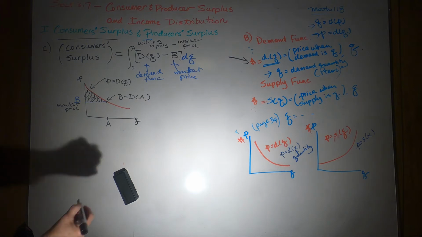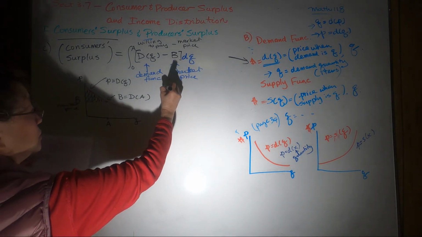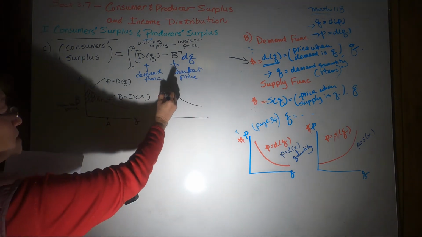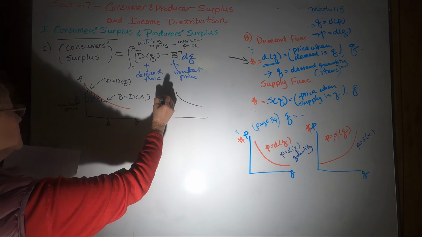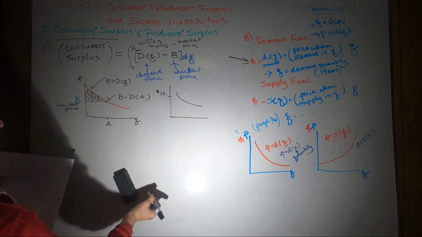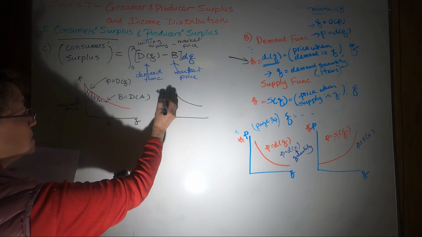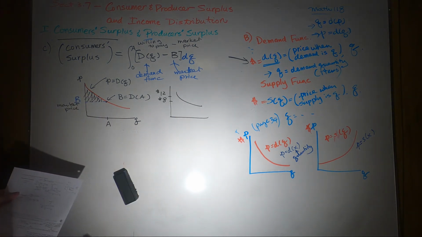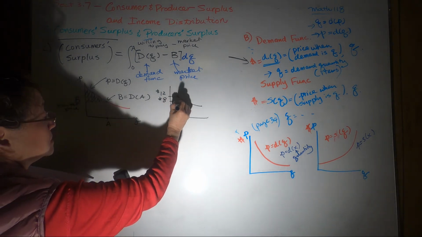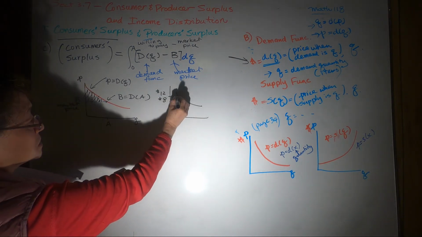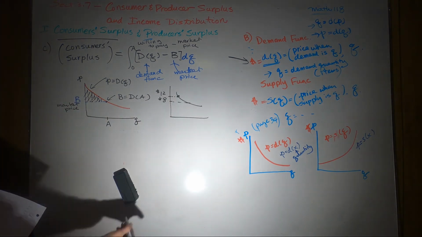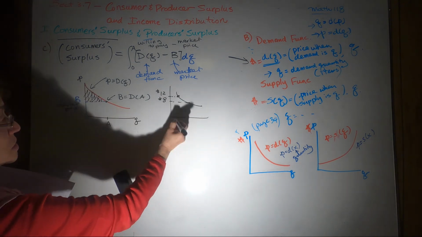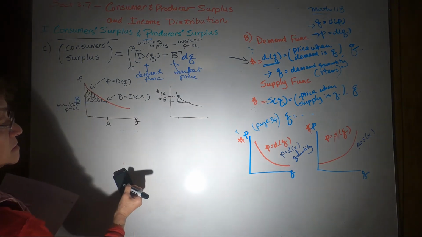Okay, for example, if we have a curve like this, right? Say it's $12. This, and if $8 is here, right? Then take a look. If at $12 you can sell so many quantity here, right? Then at $8 you can sell more. So what's the consumer surplus?